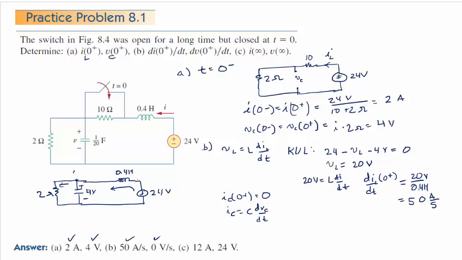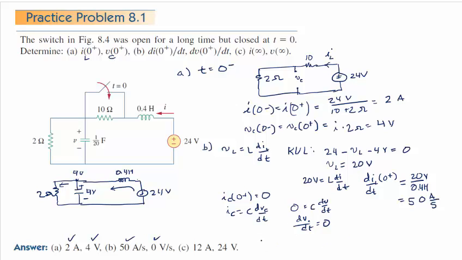We know we have 4 volts at this node. 4 volts divided by 2 ohms right here is 2 amps. And indeed, there is no current flowing in this capacitor, in this part of the circuit. So we have 0 equals C dV dt. Therefore, dV dt equals 0. So that checks.